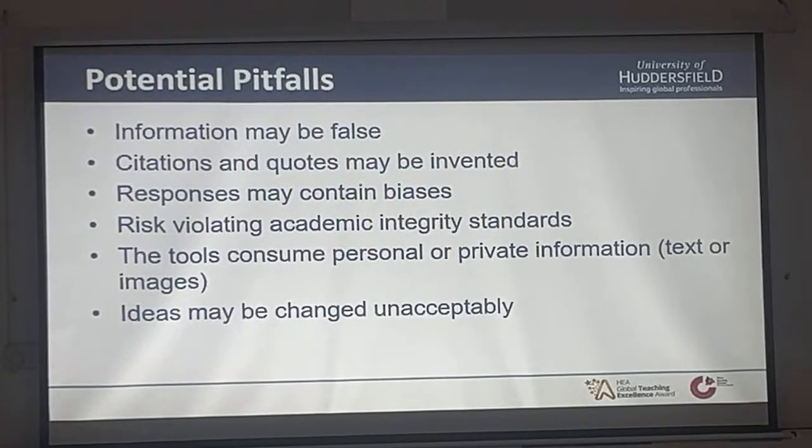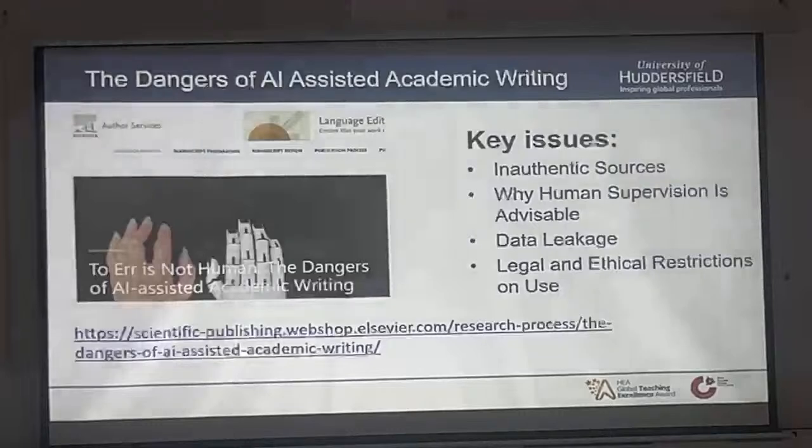Sometimes it might access private information, images, and so on, which is unethical and not allowed. And ideas may be changed, which is not your fault. It makes you think in one direction, because ChatGPT doesn't know you and responds based on the prompt.